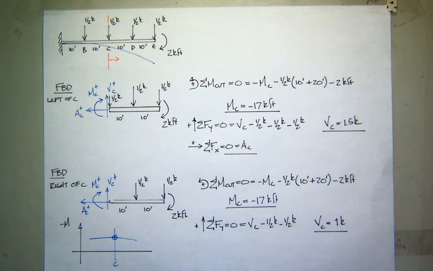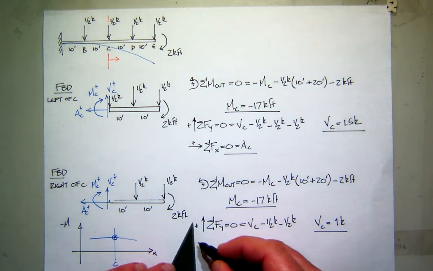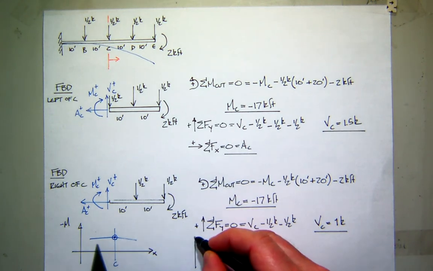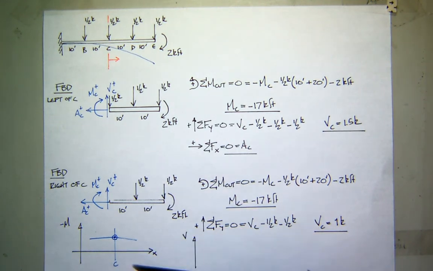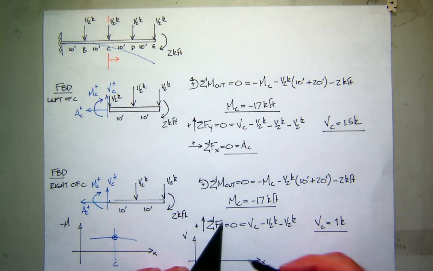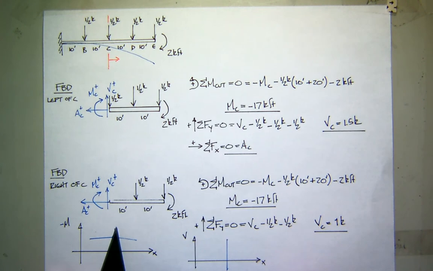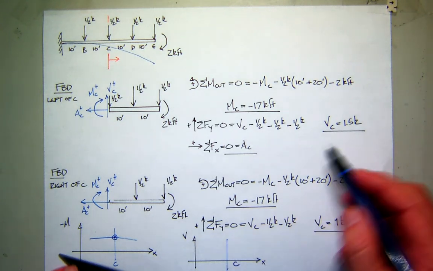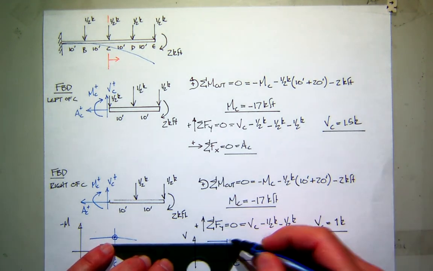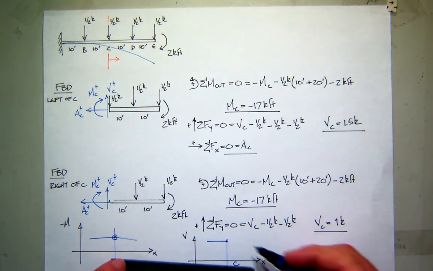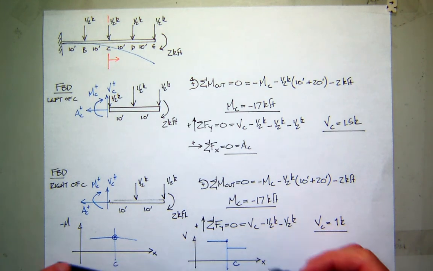Okay? What happens for shear? Let's see if I can squeeze this in right here. So now if I'm looking at shear, and again I look at a value at C, what's going to come in on the left side at 1.5, whatever the shape is, and it's going to go out at 1.